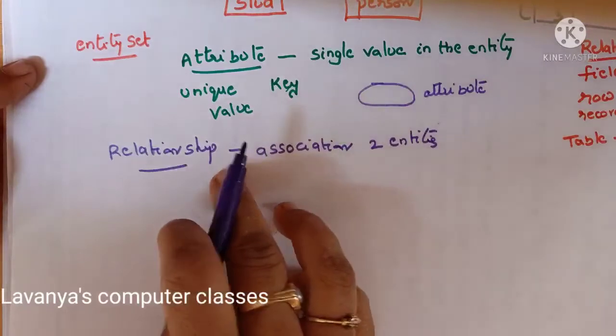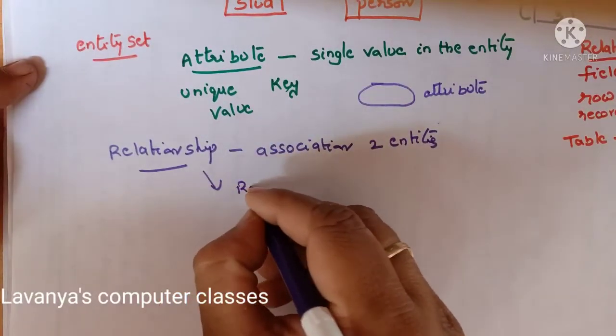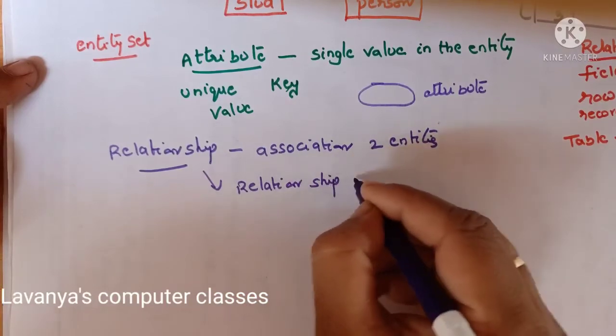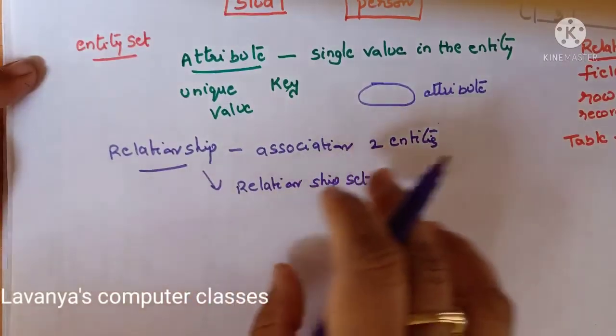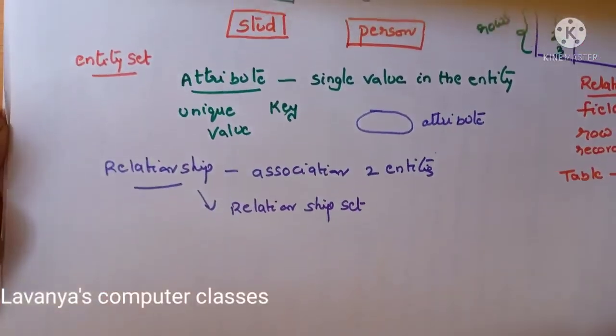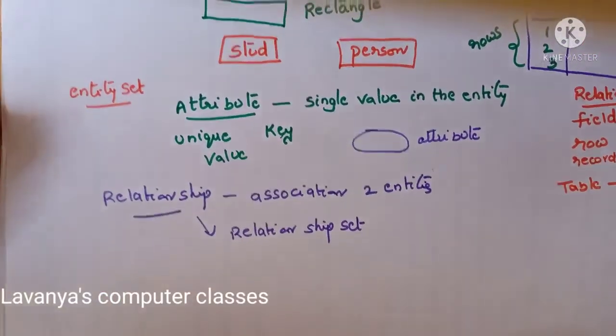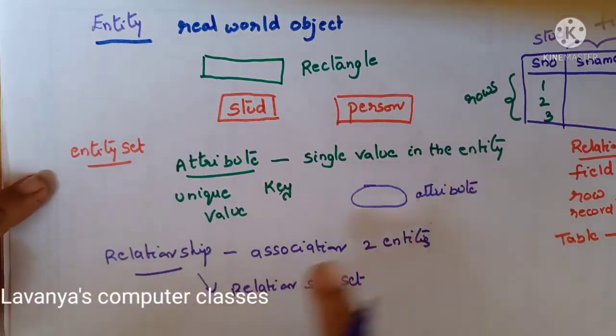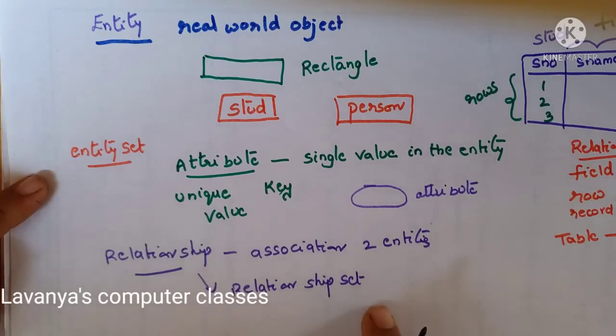A collection of similar relationships is known as a relationship set. So these are some proper words we use in the ER diagram: entity, entity set, attribute, relationship, relationship set. Okay.